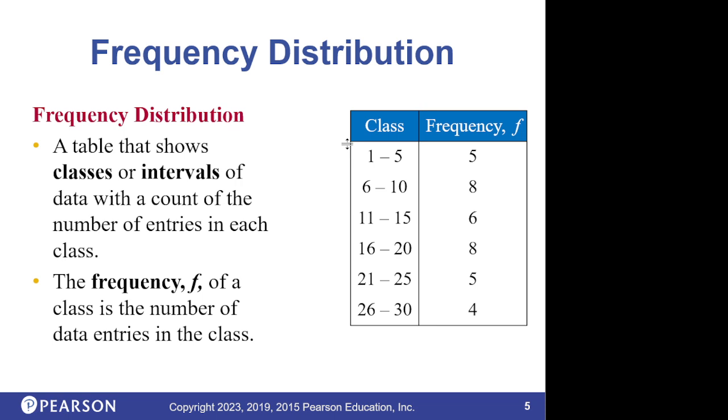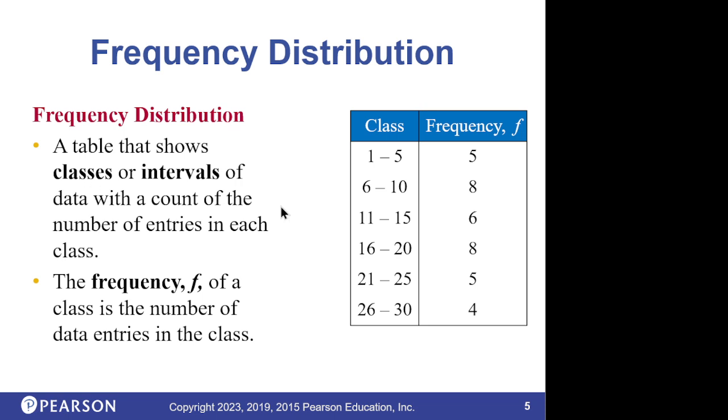I was always taught it was like a container, a waste bin, or a bin that you put things in, and they're spaced out, and you put things into your bin. You'll see when we go to construct these that there is a construction method that is like putting things into a container. And the intervals have a frequency, or that's how many pieces of data fit within that bin.